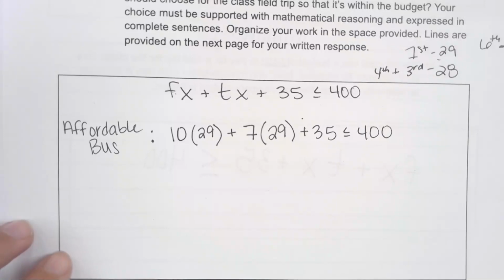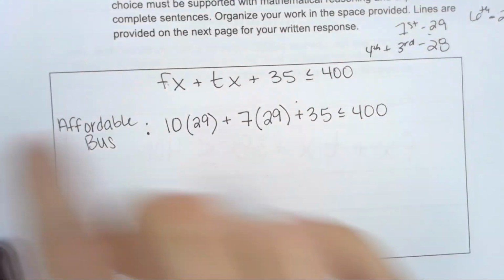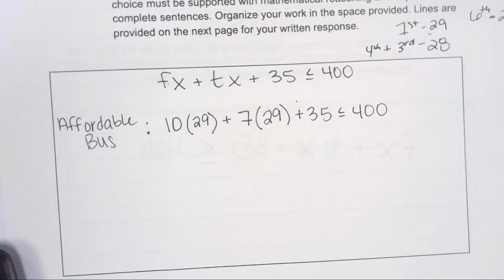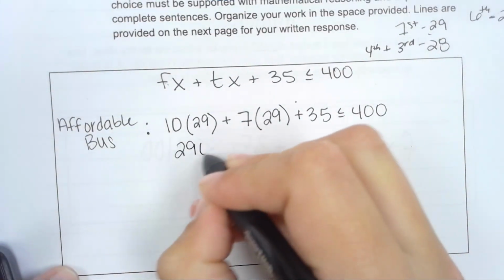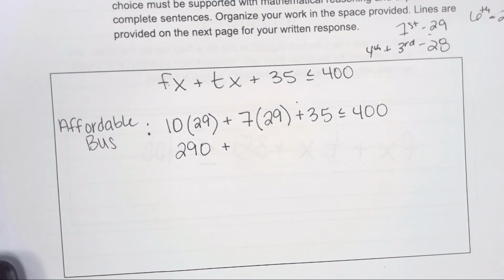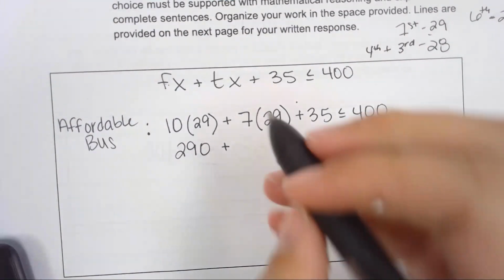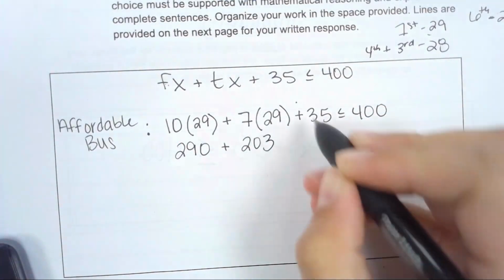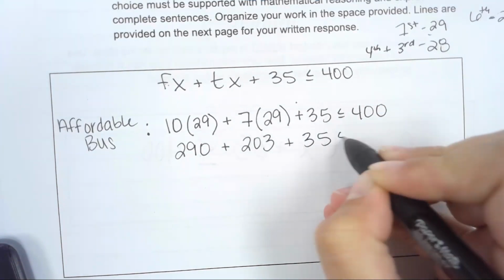All right, so now we are just going to solve this equation. So first thing I need to do is simplify. So I'm going to take 10 times 29 to get 290. Then I'm going to take 7 times 29 to get 203. And I'm going to add the 35.